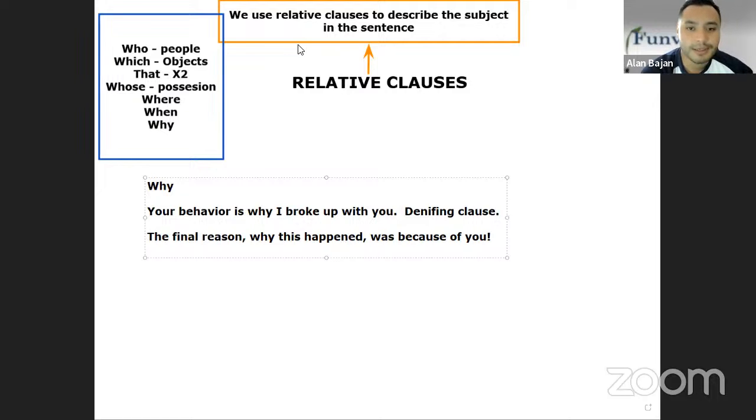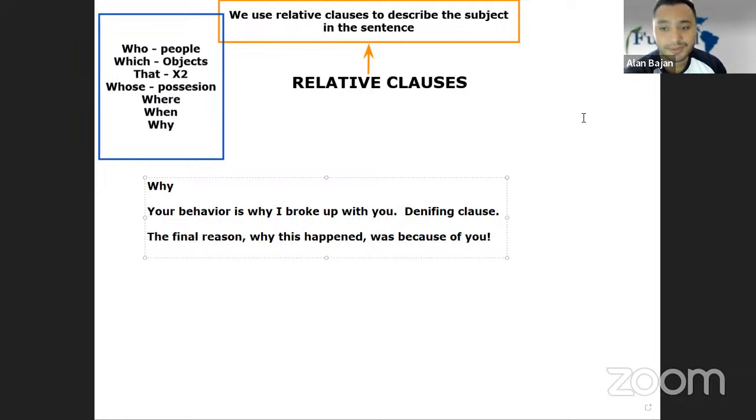We will use it in a different context in relative clauses, but it means specifically the same. Why is reason. Means por qué esto pasó, pero yo no estoy preguntando nada. Por ejemplo, la primera oración dice, tu comportamiento es porque yo rompí contigo. Entonces, al final estoy usando una palabra de pregunta, pero no estoy preguntando nada.